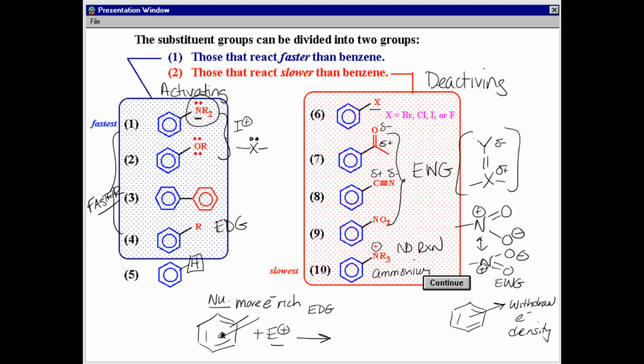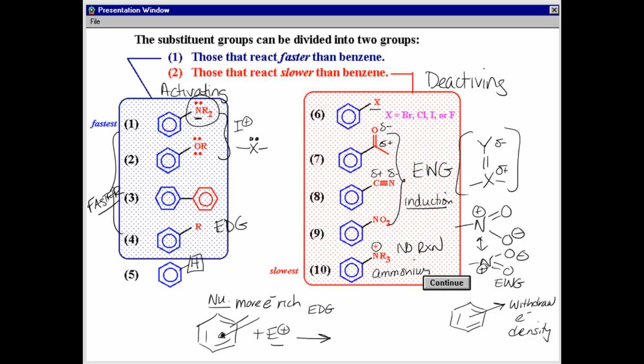All three of these do have some induction. They do have some inductive ability to withdraw electron density. And certainly the nitrogen with a full-blown positive charge on the nitro group is the reason why it's number 9, why it reacts the slowest.